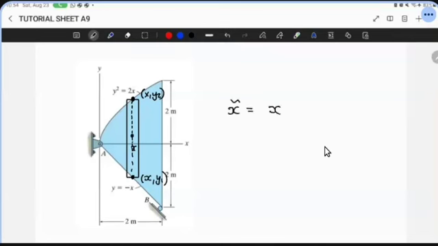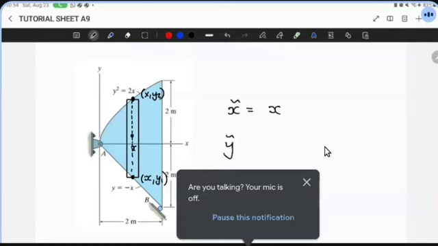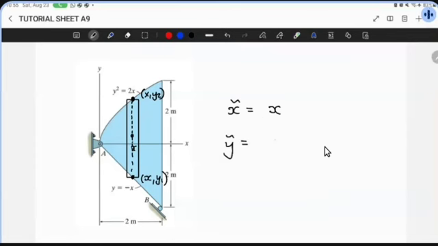Y tilde, however, will be different. Y tilde, if you recall, we did show you how to get the midpoint between two values. Y tilde will need to add the lower value of y plus the upper value of y divided by 2. This will give us the exact midpoint between the two values of y. That will be our y tilde.